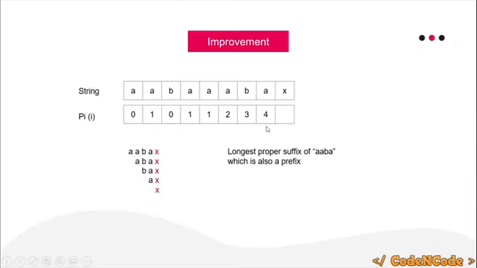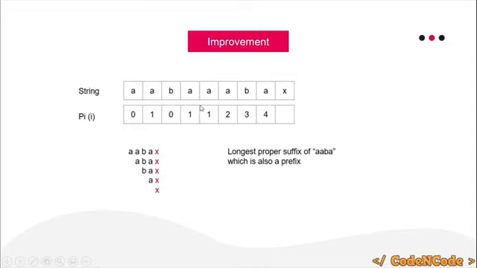That means the first four characters actually match the last 4 characters, right? Because of course pi of I minus 1 is 4. So you know that this suffix actually exists as the prefix. So if you find pi of this index, which is AABA, that will tell you exactly the length of the longest suffix of AABA which is also a prefix.